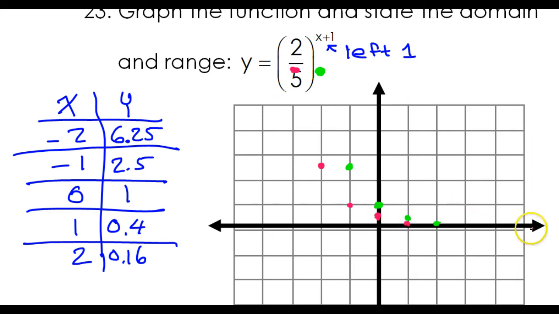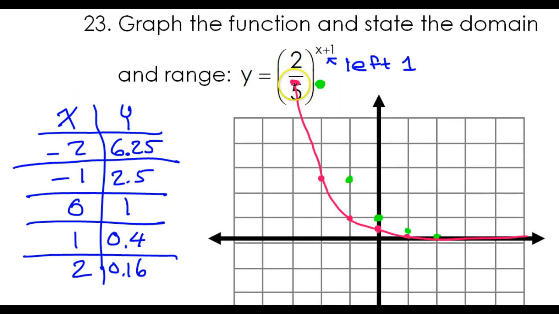So this is the real graph, so we'll just graph this as best we can. We have this asymptote here at the x-axis. Okay, so your graph should look something like that.